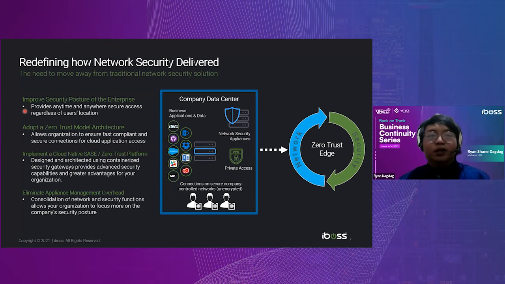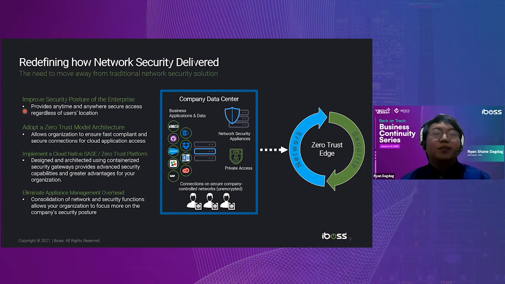By providing access anytime, anywhere, the business continuity goal is achieved, and there is still security at the gateway level to inspect all data in transit going to those resources.